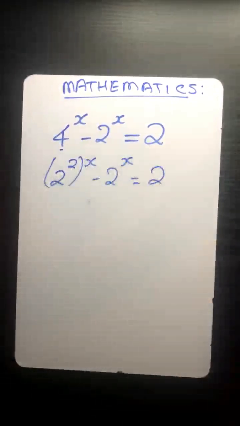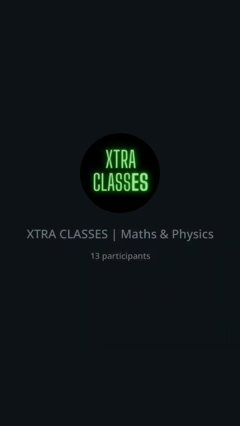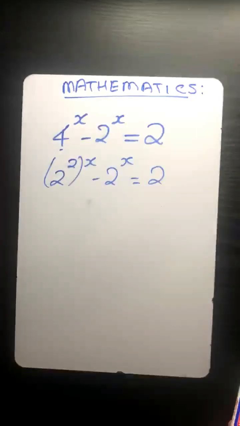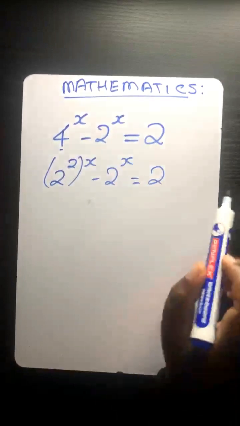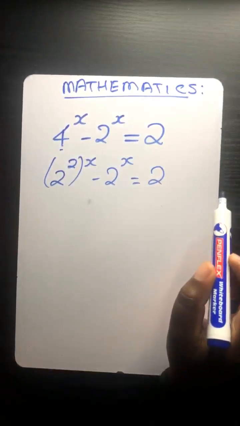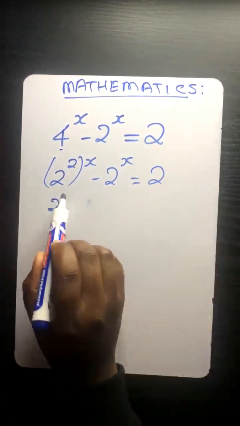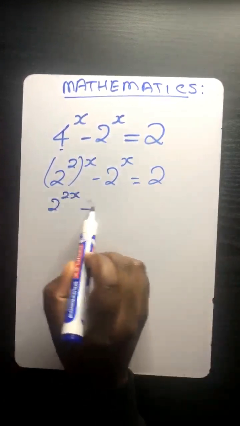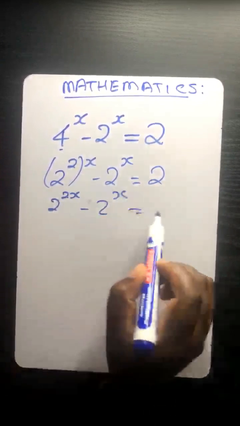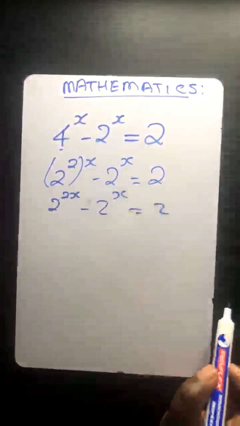Can you see, I'm trying to apply the laws of exponents, because I realize a letter is in the position of the power. So you might realize that you actually have 2 to the exponent 2x minus 2 to the exponent x, which equals 2.